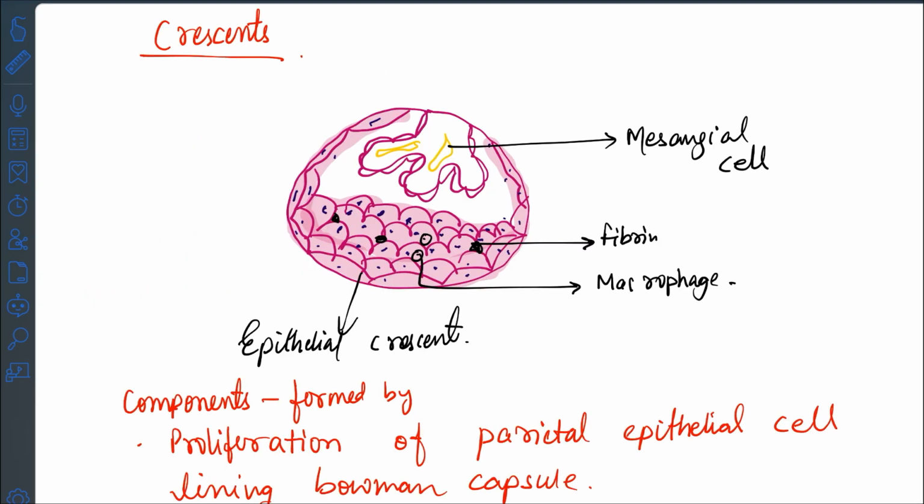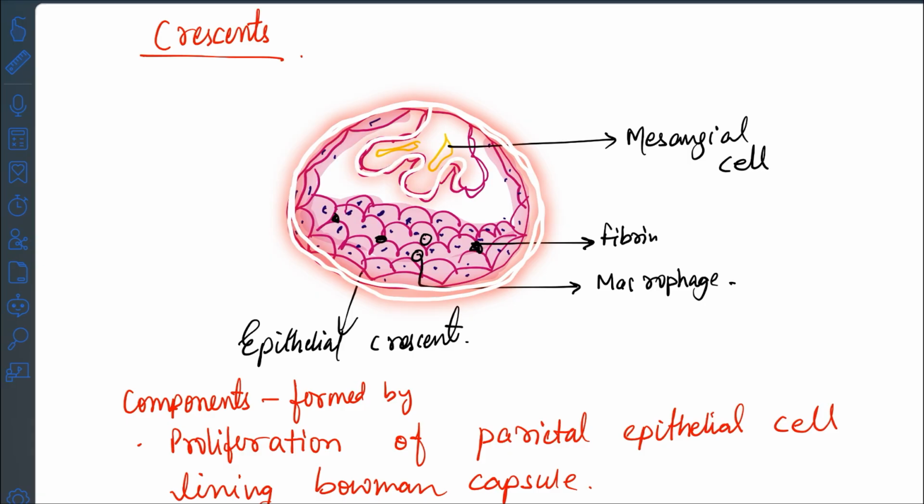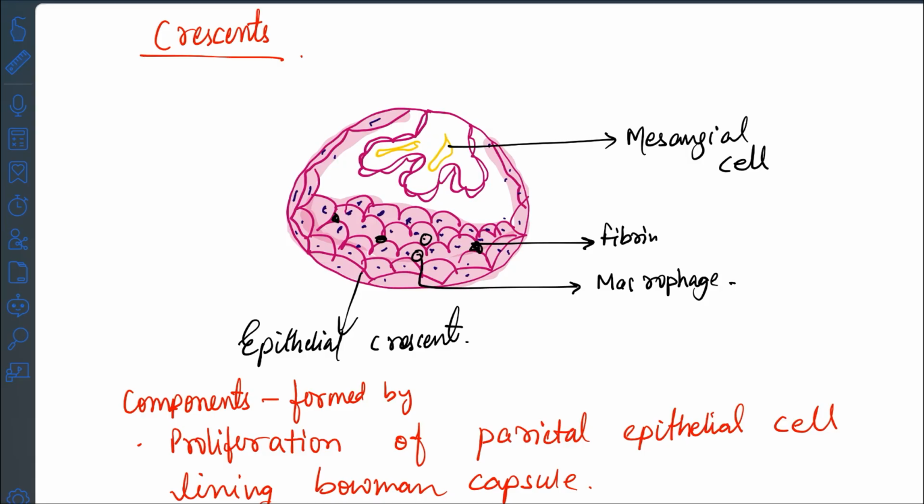So, जिस crescent के बारे में हम लोग बात कर रहे हैं, what are these actually? So, ये diagram जो मैंने यहाँ पे draw किया हुआ है, I'll explain through this diagram. This whole structure is actually a Bowman's capsule, और ये glomerular capillary है.